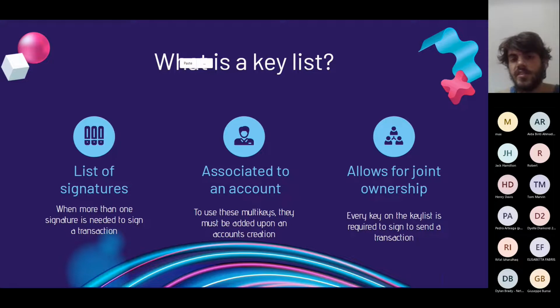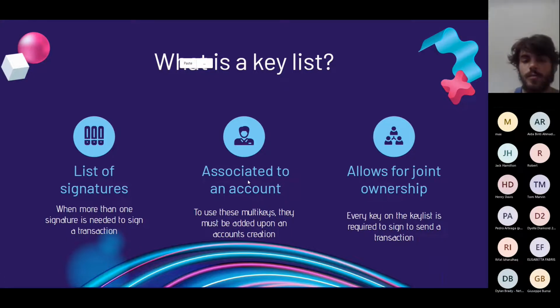This is an example of what we did last week, where we sent an HBAR transfer transaction from your account to my account. In those instances, you only need one signature because it's a single person's account. A key list is when you require multiple signatures in order to send one transaction. So when more than one signature is needed to send a transaction.